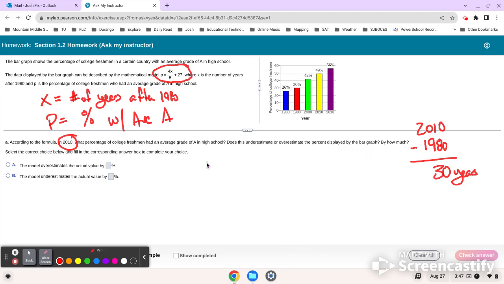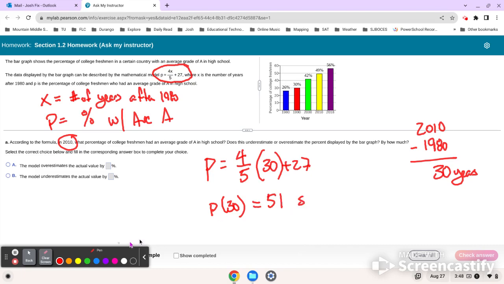So we take this, we say p is equal to 4/5 x, where x is our number of years, plus 27. Pull out your calculator and plug that in. I found that the function evaluated at 30 years is equal to 51%.